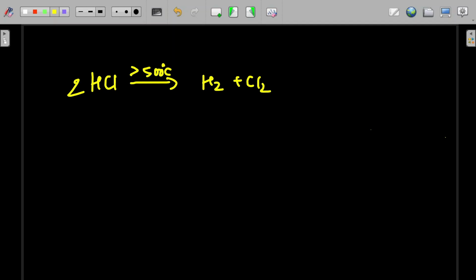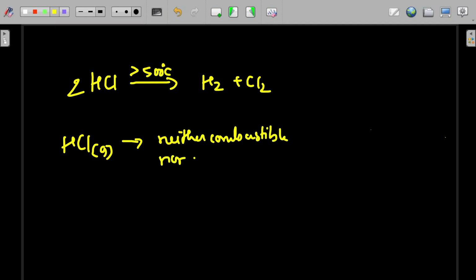Thermal decomposition we call it. But usually we don't worry about that part. One more property about HCl gas. We are talking gas. It's neither combustible, meaning it will not burn, nor a supporter of combustion. Okay, meaning it will also not support the combustion.